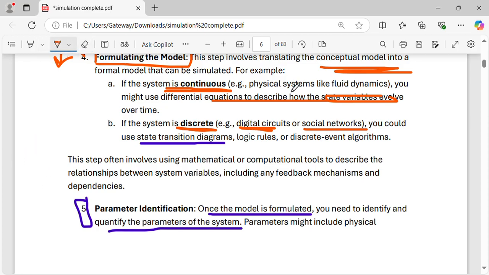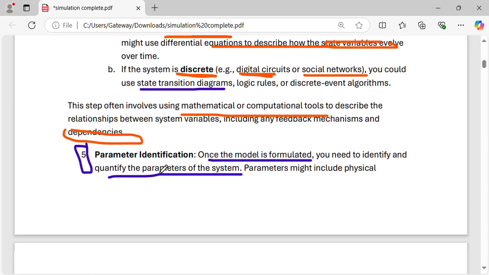Okay, so this was our discrete system, and this was our fourth step where we formulated the model. And it says we often use mathematical or computational tools to describe the relationships and dependencies, right?